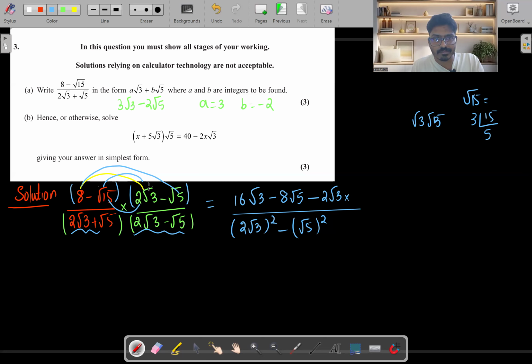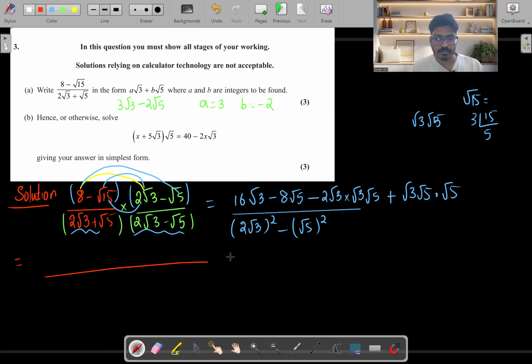I need to multiply this, so root 15 I will write as root 3 multiplied with root 5. Then minus times minus is going to be plus, and again I write root 15 as root 3 root 5, multiplied with root 5. I hope the steps are very clear. Now let's simplify this further.